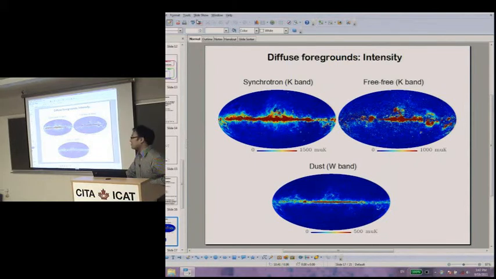Right, yes, because we fit for each pixel. When you draw the histogram, the synchrotron spectral index is mostly around -3, and dust is mostly around +2. So it agrees with the standard model.